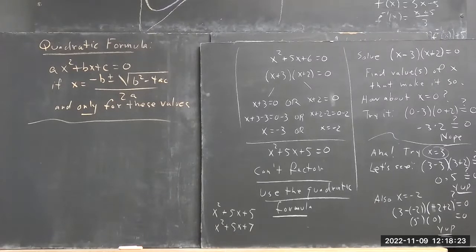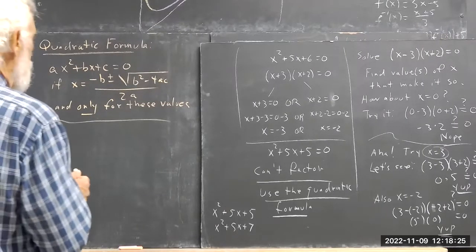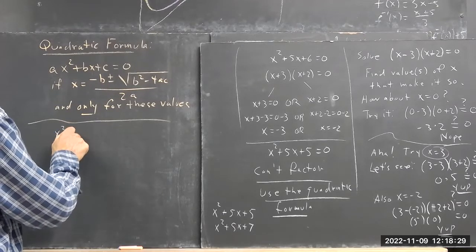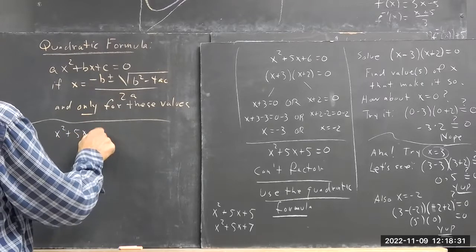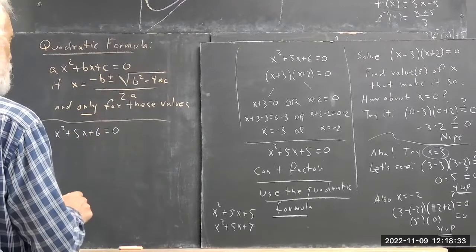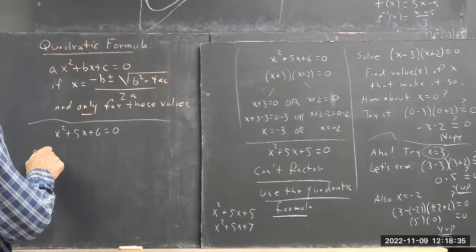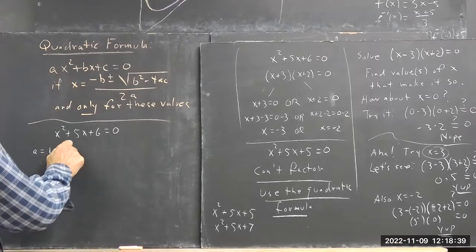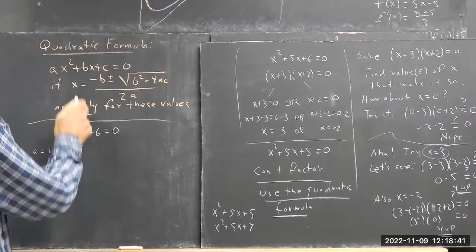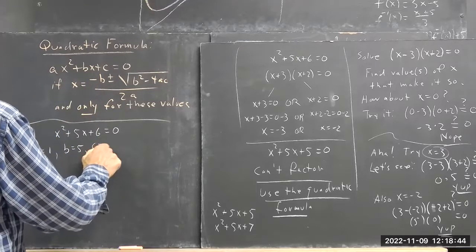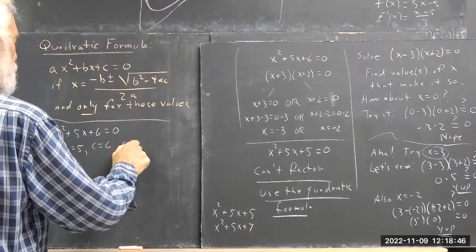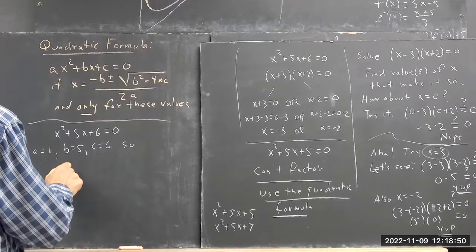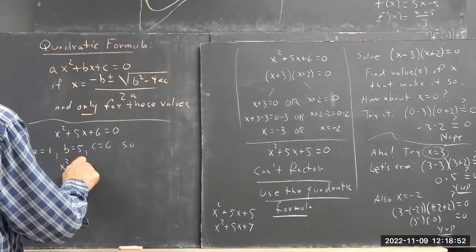Okay, here we go. We've seen that A is 1, the number in front of x squared. B is 5, the number in front of x. C is 6. I'll write out the logic of it.